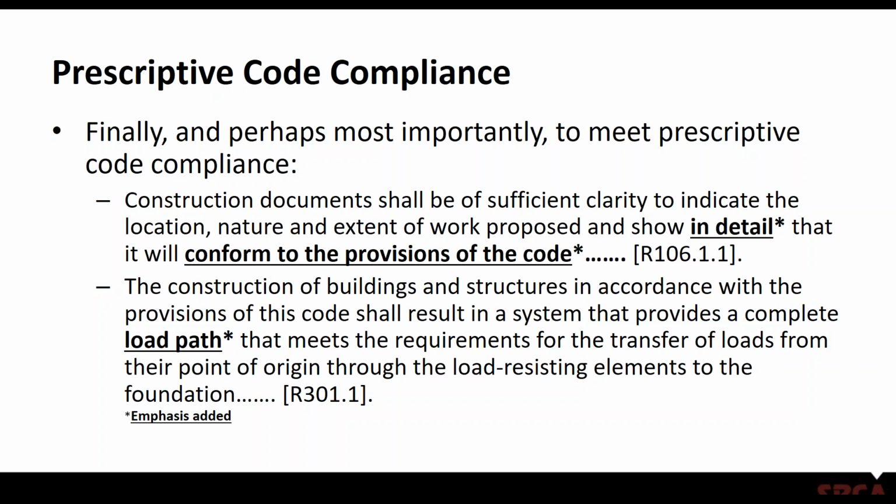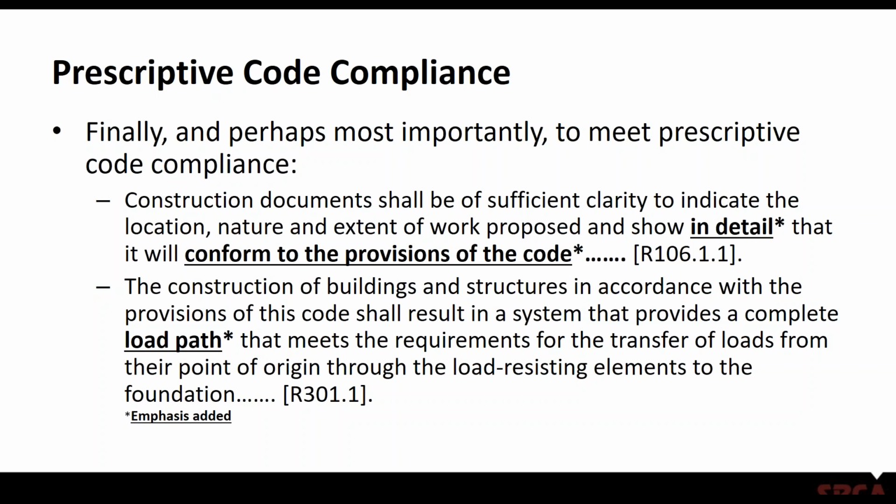Now, this is right out of the code. Those of you on the call that work for component manufacturers in the design group, I'm sure all the construction documents, house plans that you see easily meet that requirement.